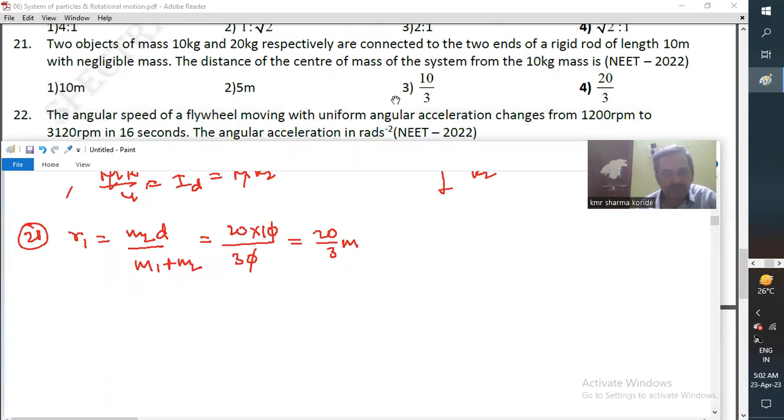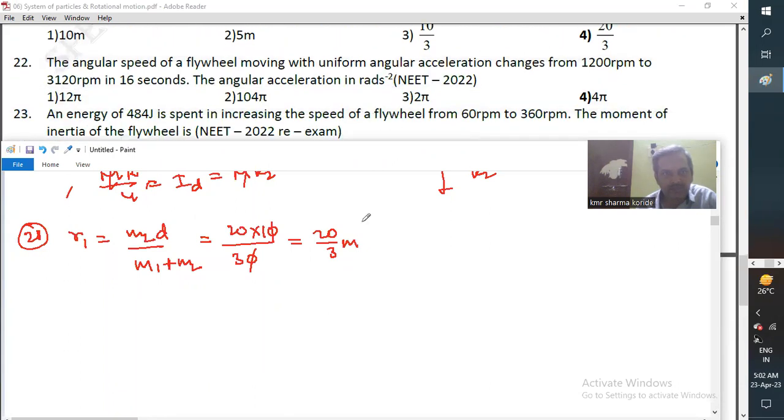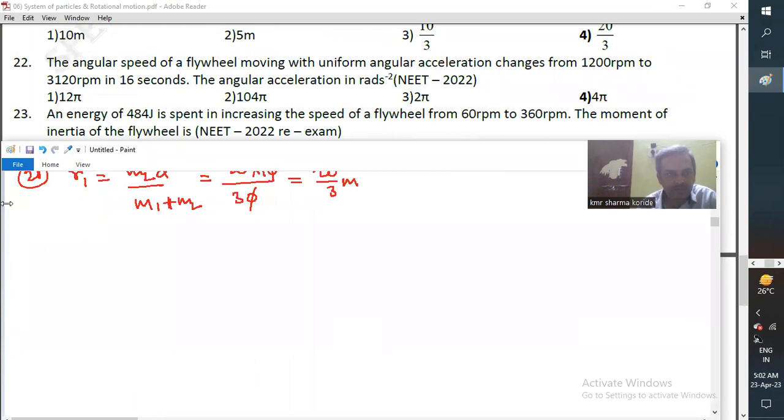Then next, angular speed, question number 22. The angular speed of a flywheel, moving with uniform angular acceleration, changes from 120 RPM to 3120 RPM in 16 seconds. Find the angular acceleration. Simple question. In translatory motion we have v equal to u plus at.